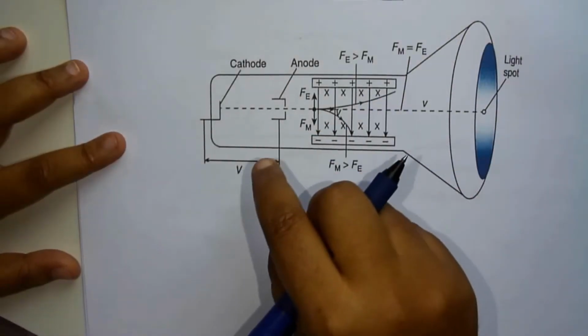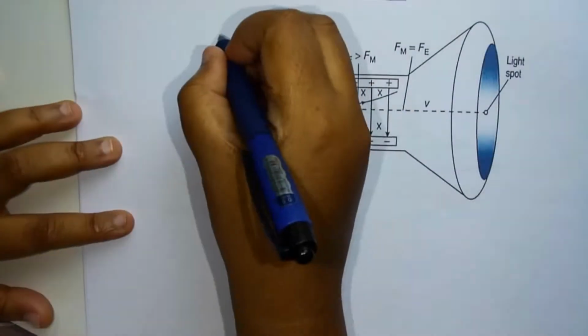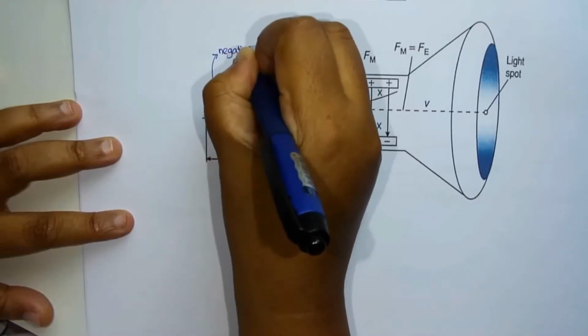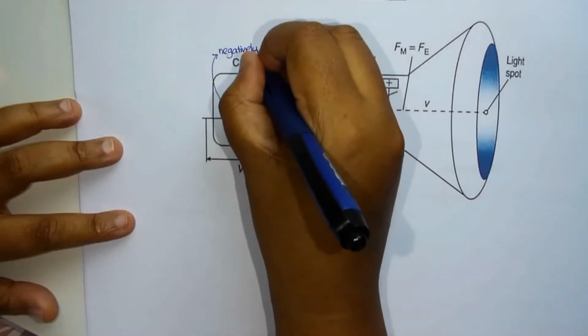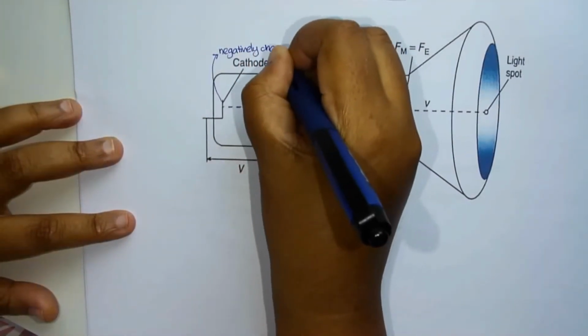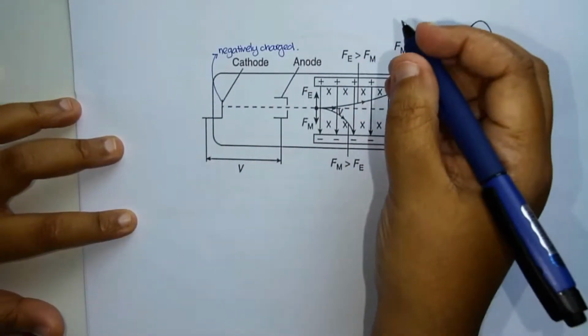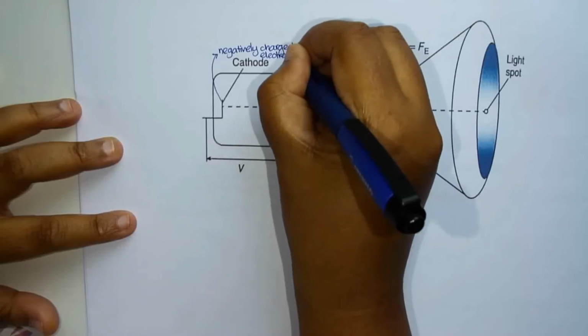Now let's look at each component here. The first one is the cathode. Here is a cathode, which is a negatively charged electrode.